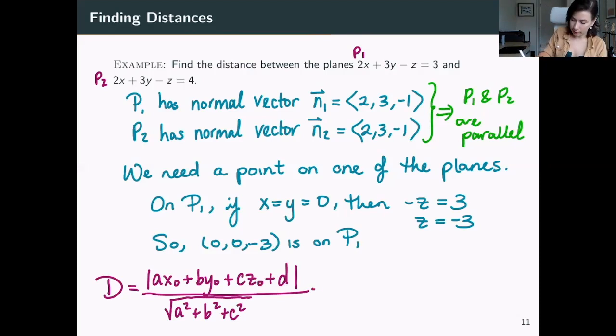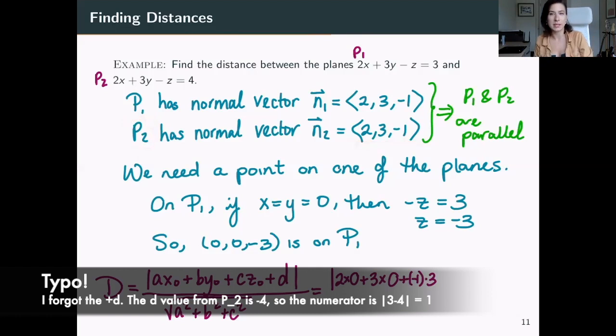So plugging everything in, we know that x naught, y naught, and z naught are going to be given by 0, 0, and -3. We know that our normal vector on P2 is 2, 3, -1. So we have 2 times 0 plus 3 times 0 plus a -1 times -3.